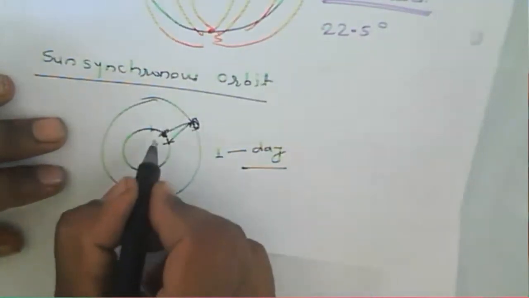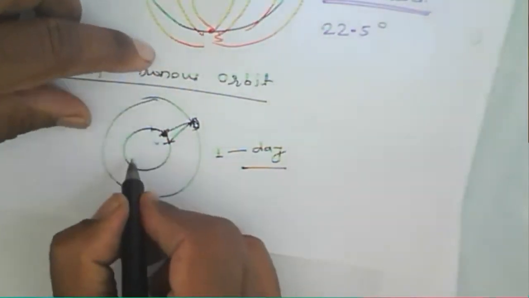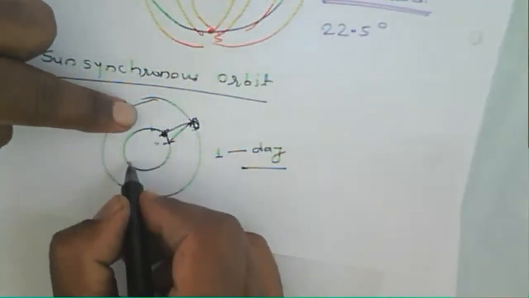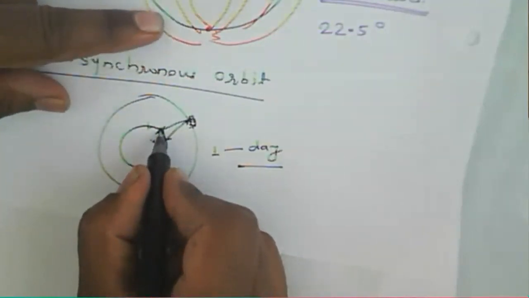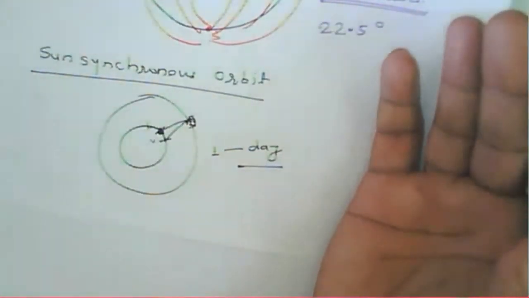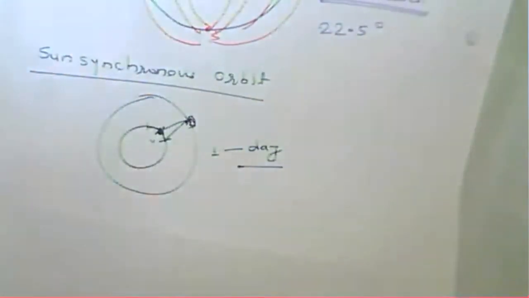Now when the Earth is rotating around itself, it takes one day. So this particular point will come back to the same position after 1 day, at the same time. For example, in the afternoon, if you go outside at that time, the sun will be on your head and no shadow is seen.